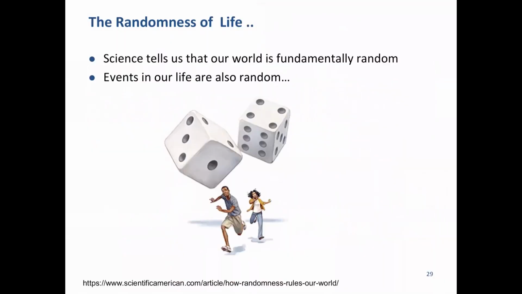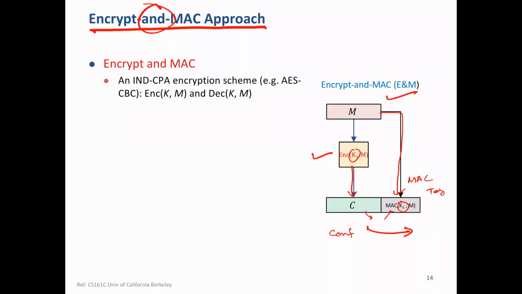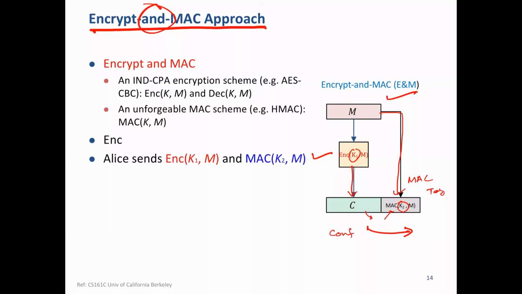So it will have some properties now. We can see there is confidentiality, assuming that you are using a proper block cipher mode. And it will also have integrity, because if something has gone bad, you can find it out through the MAC.